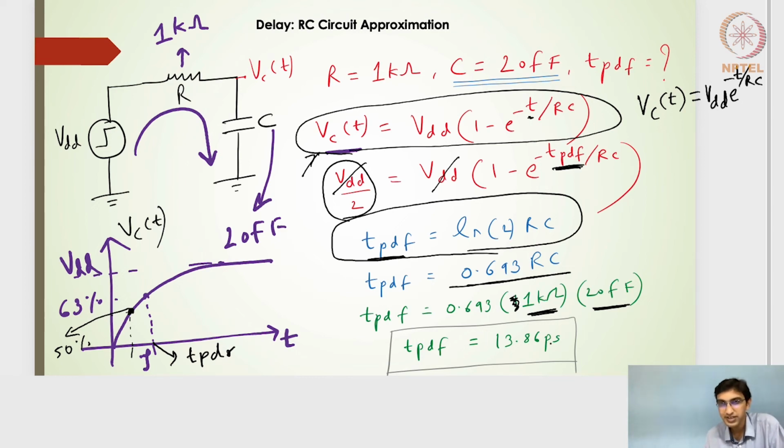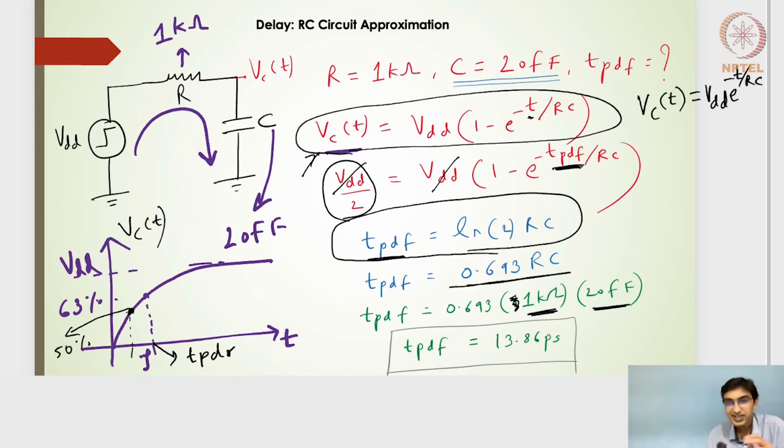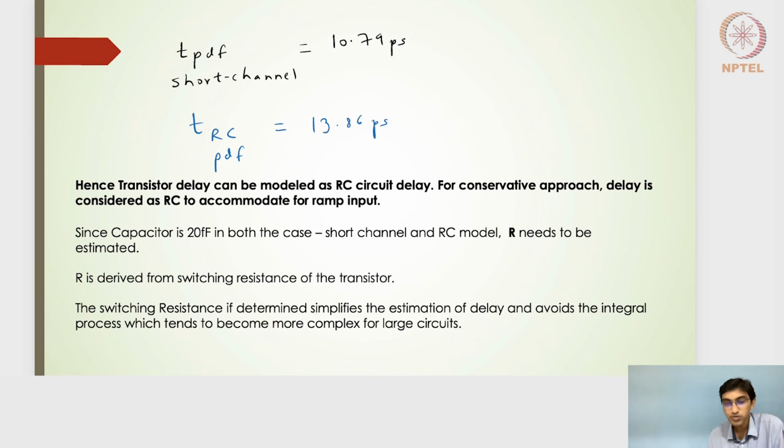The short channel model gave us somewhere around 10.79 picoseconds, and the long channel model gave us around 7.72 picoseconds. If I take a simple RC circuit of 1 kilo ohm and the same capacitance of 20 femtofarads, I'm getting 13.86 picoseconds. So what do we conclude here? 10.79 is what I'm getting from the short channel model, and the RC circuit gives me 13.86 picoseconds.